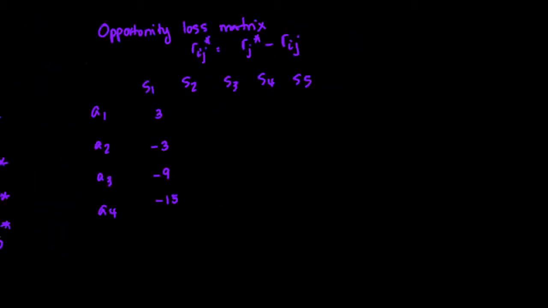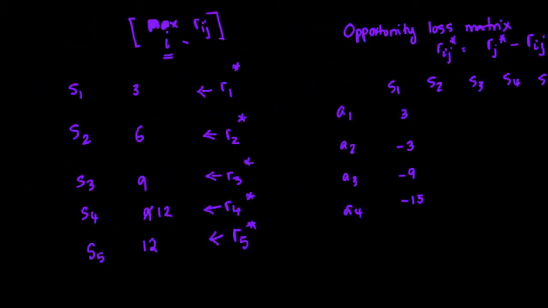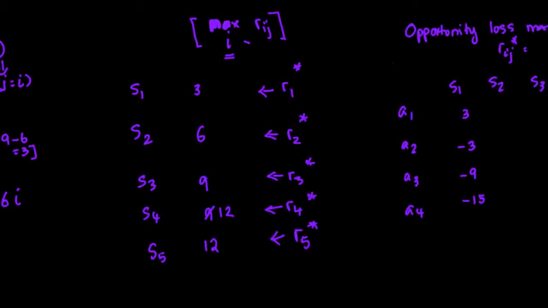Now I have to subtract this from Rj star. In this case, it is R1 star because we are looking at state 1. So we have 3 minus 3, 3 minus of minus 9, and 3 minus of minus 15.